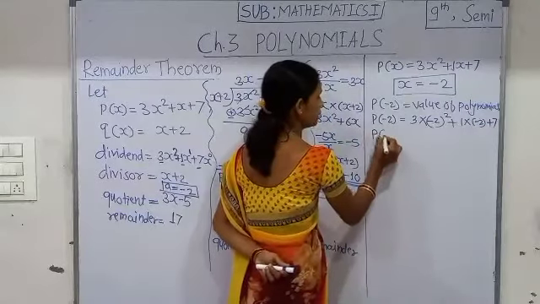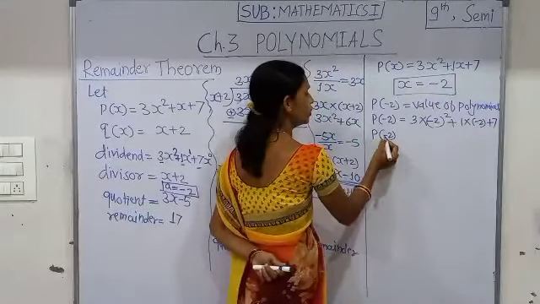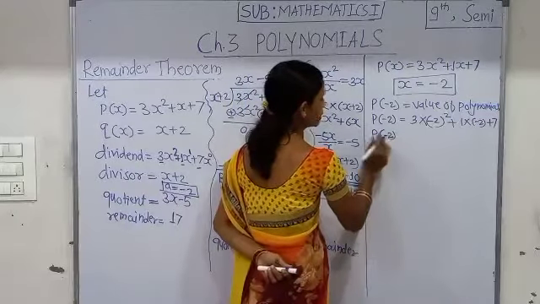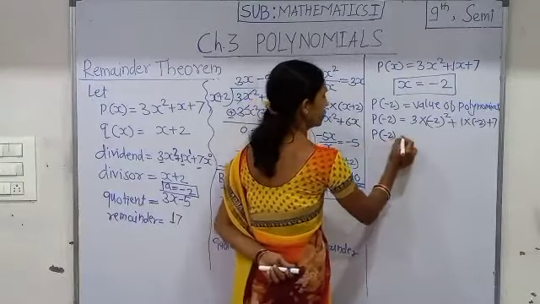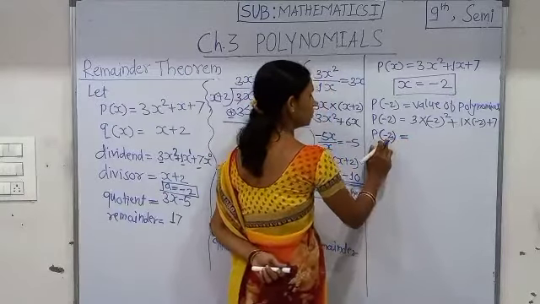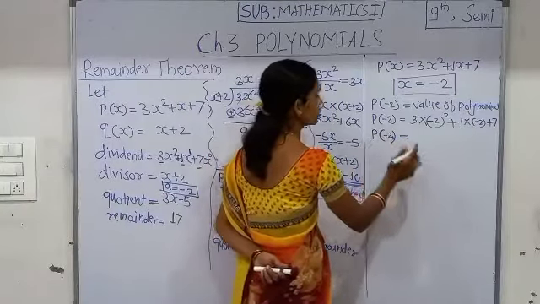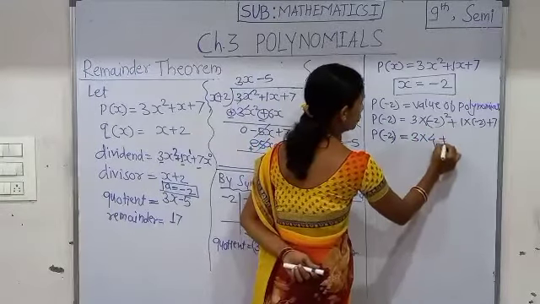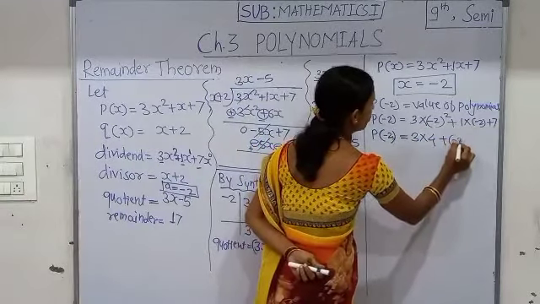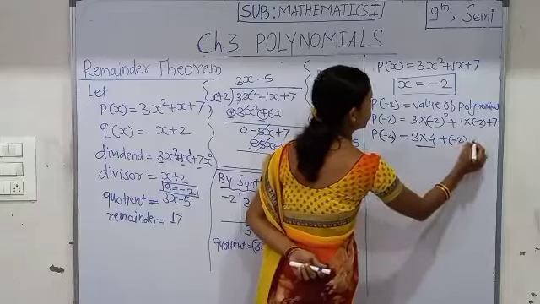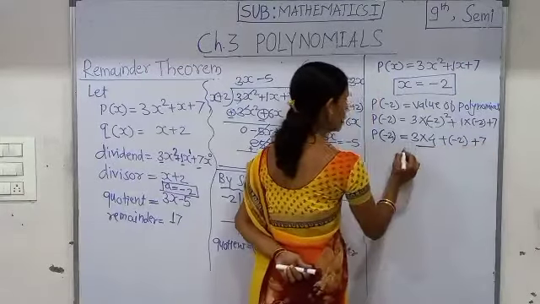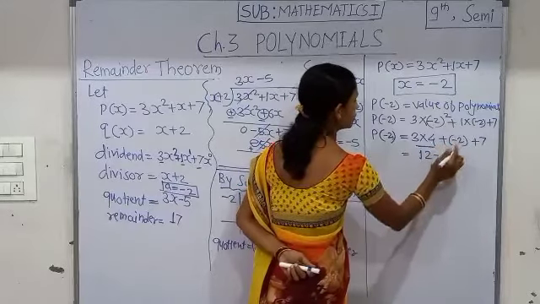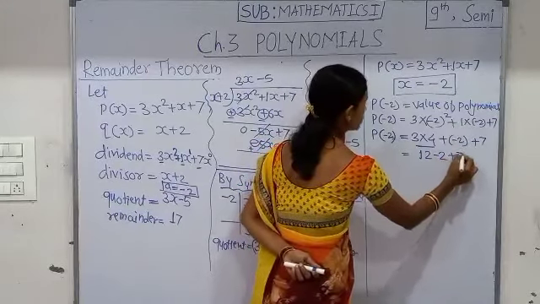Therefore p(-2), that is the polynomial in minus 2, is the value of the polynomial for the value of x equal to minus 2. Then 3 into minus 2 square, that is 4, plus 1 into minus 2, minus 2, plus 7. And therefore 3 into 4, that is 12, minus 2, plus 7.